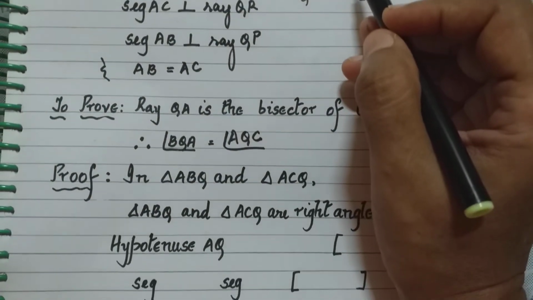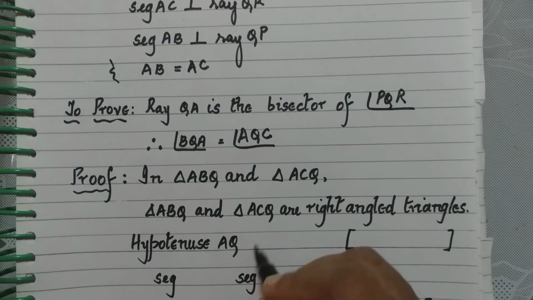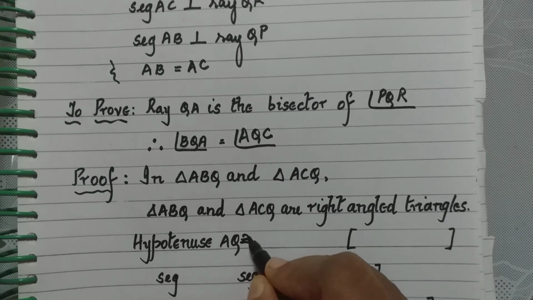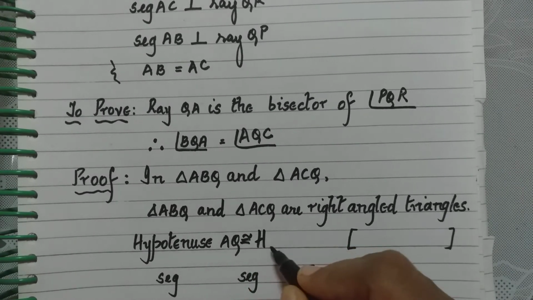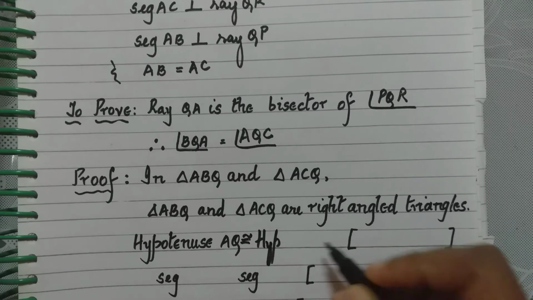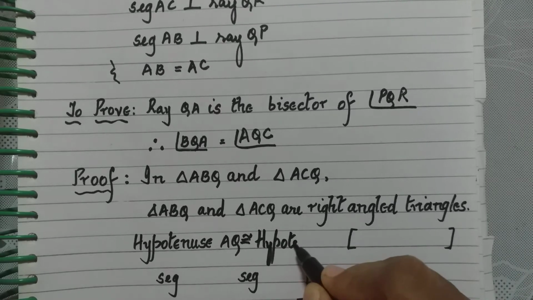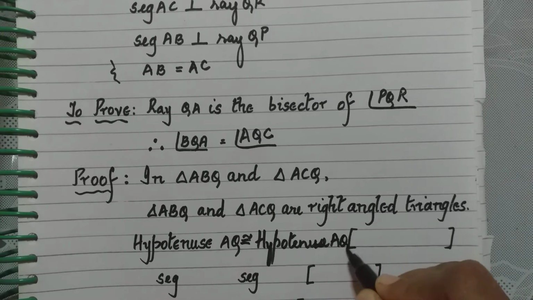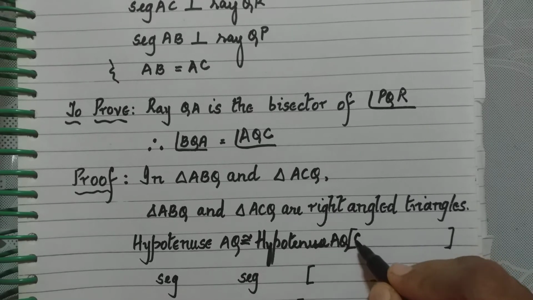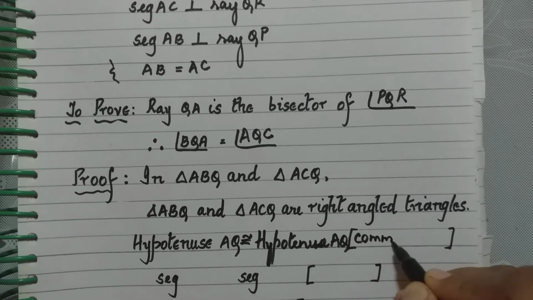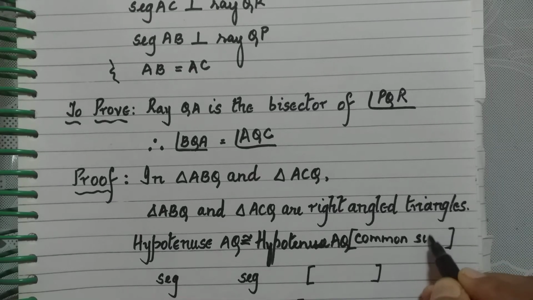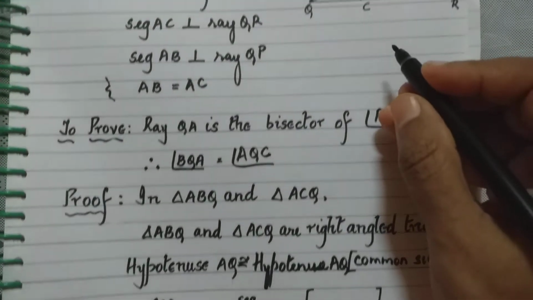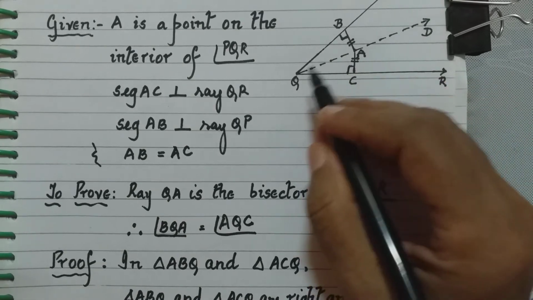So both the hypotenuse AQ is congruent to hypotenuse AQ. Why? It is a common side, right? So we have the hypotenuse equal to each other.